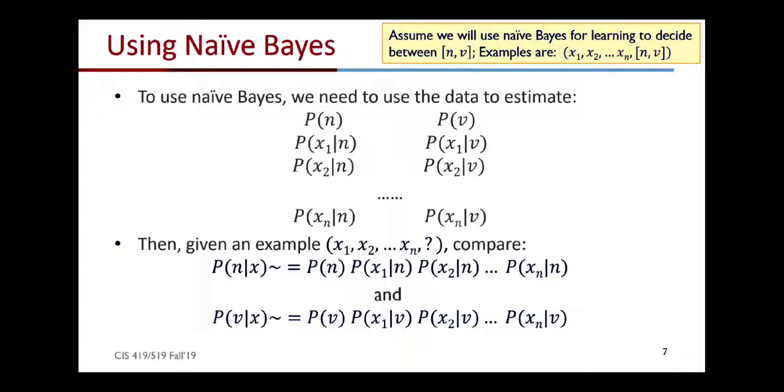So for example, given that the feature values are x1 up to xn, we care about p of x1 given the label, p of x2 given the label, p of the last feature given the label, and so on. And once we compute the probability of the label given the example, the two labels given the example, we compare the value and we're done.